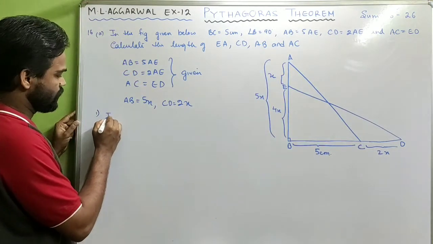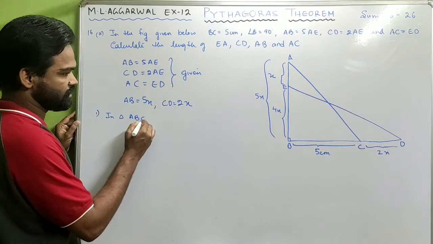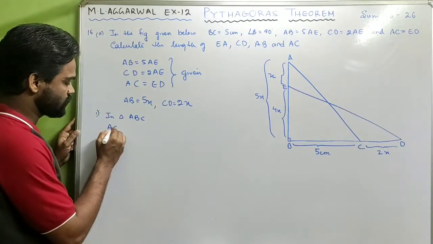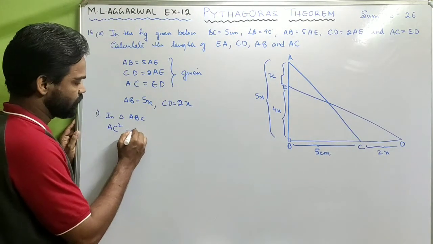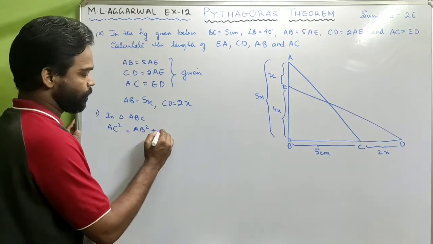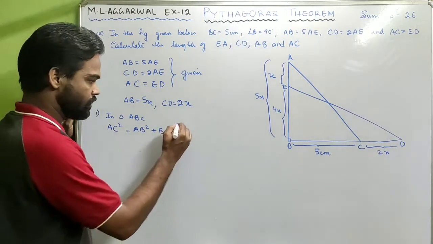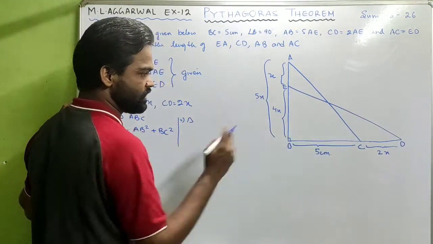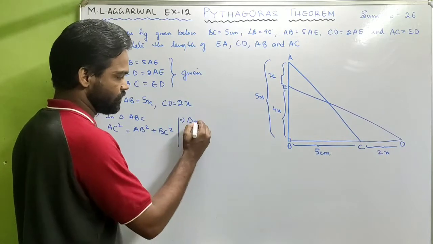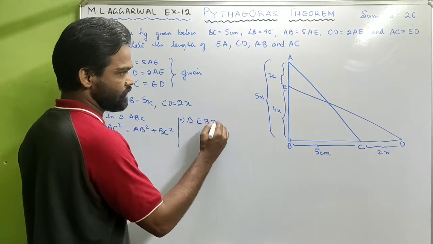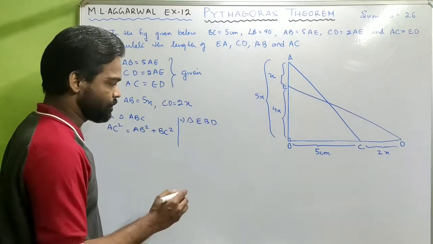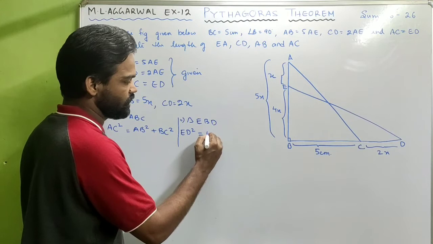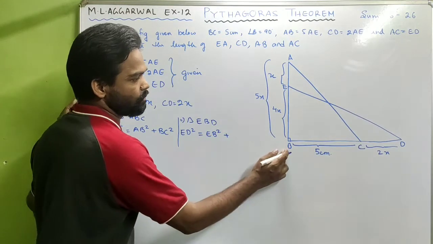First of all, we need to search the right angle triangle ABC. In triangle ABC, angle B is 90, so AC is the hypotenuse. So by Pythagoras theorem, AC square is equal to AB square plus BC square. Now, in triangle EBD, right angled at B, ED is the hypotenuse, so ED square is equal to EB square plus BD square.